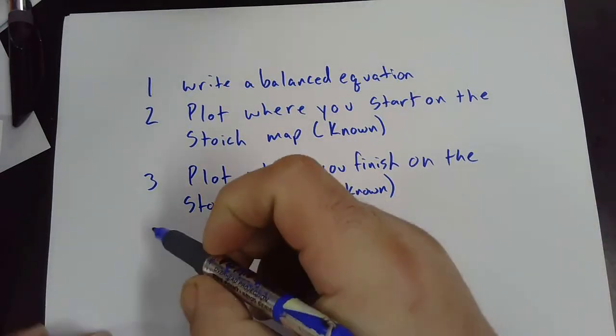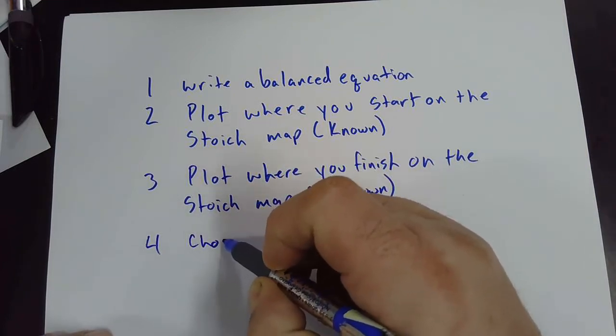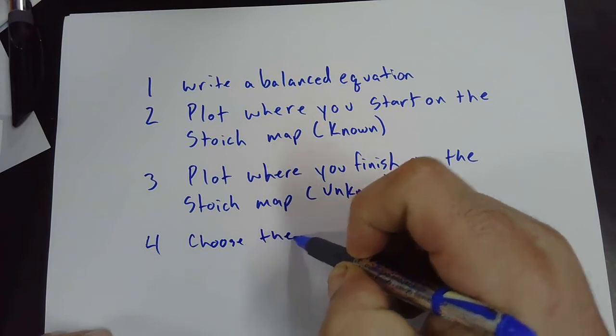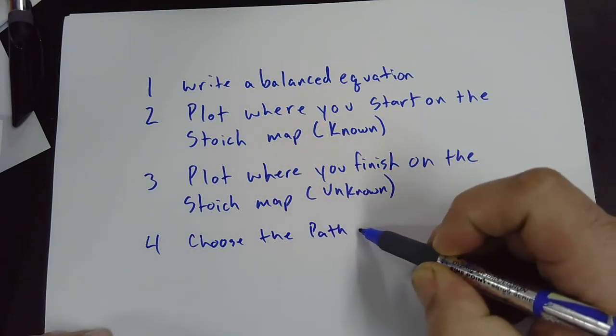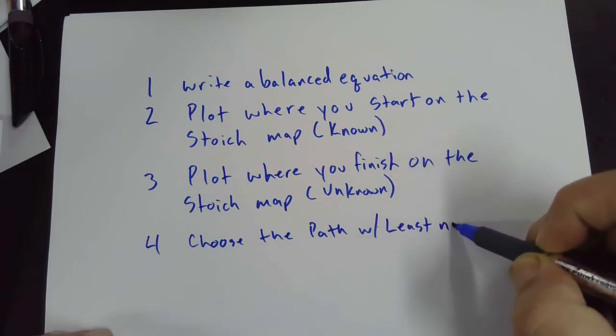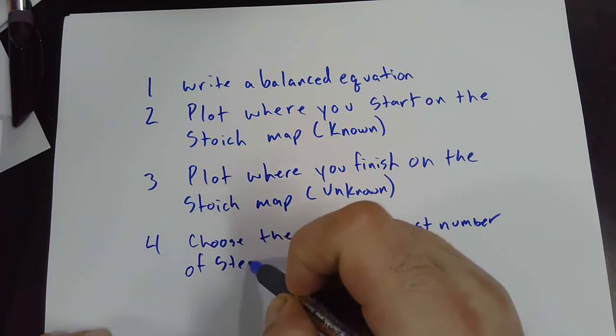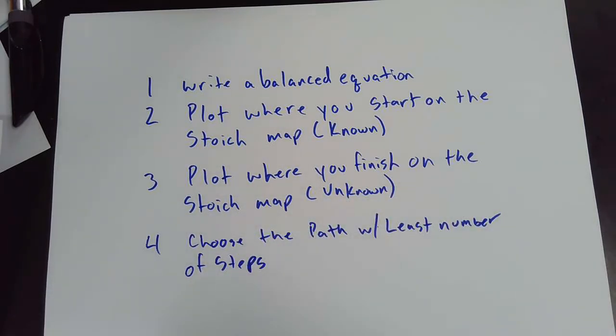All right, the last thing, step number 4, is to choose the path with the least number of steps. If you go upstairs during morning help in 272, or you go to the assisted study hall and get help from those teachers, not every teacher teaches the way I do.